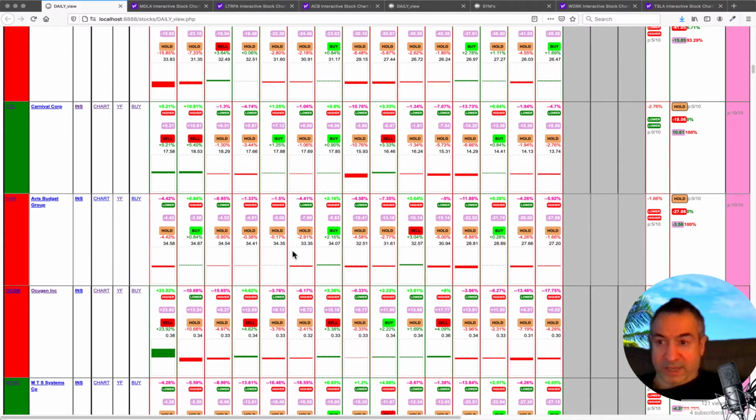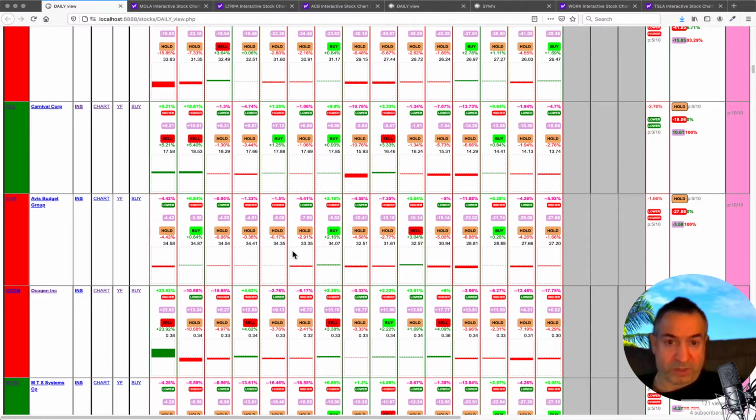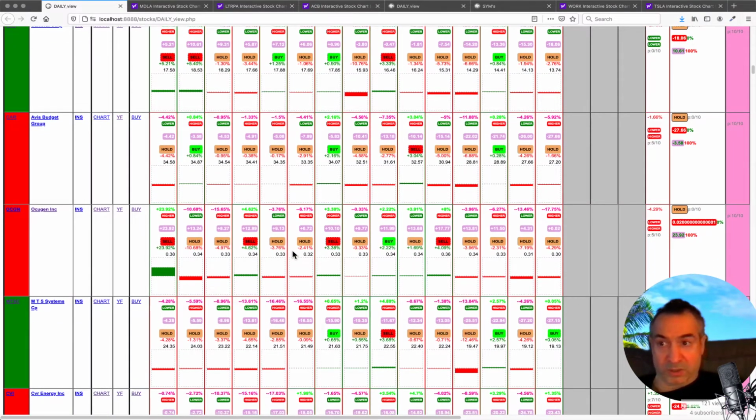Okay, Avis, car rentals, same thing. We know Hertz just went bankrupt, so would you buy Avis now? At the end, they're going to be all eaten by the Tesla taxi system, the Uber taxi system, autonomous driving.